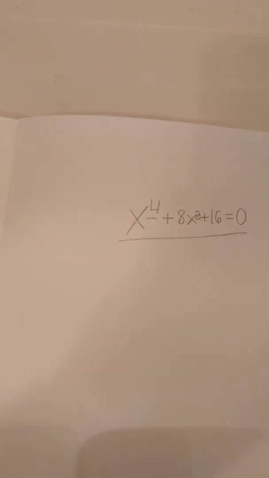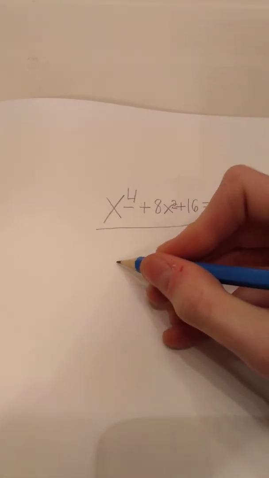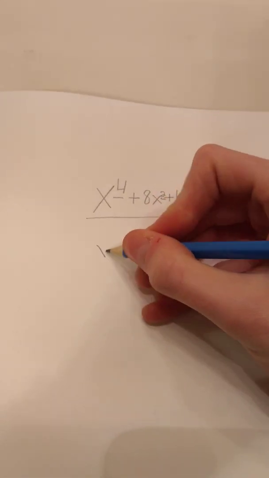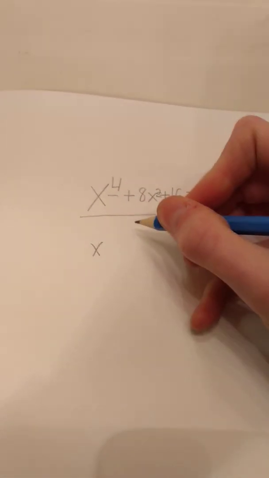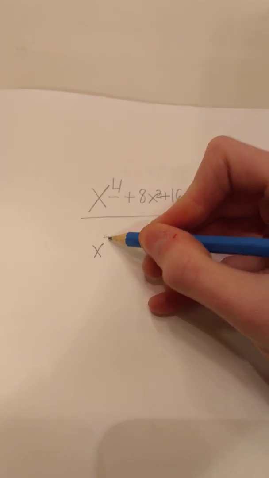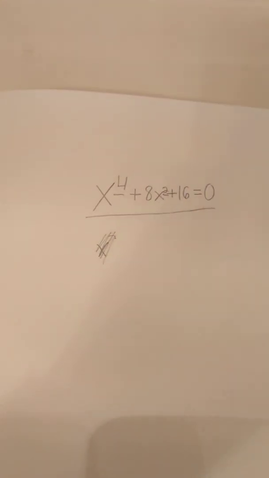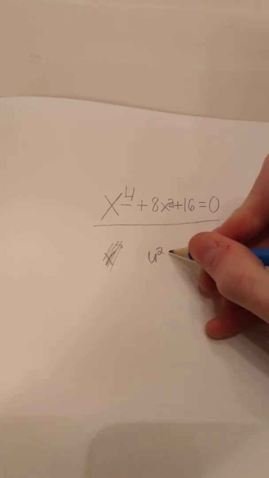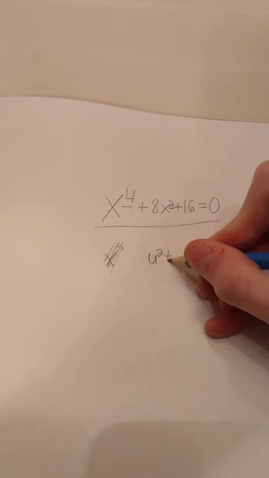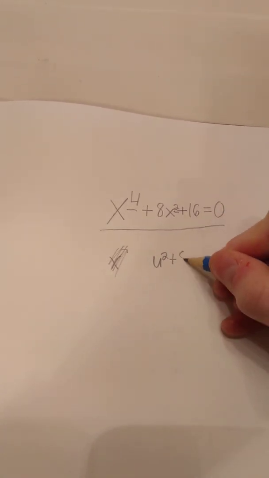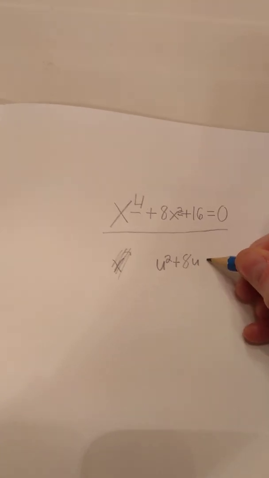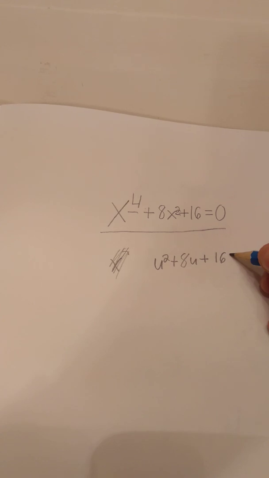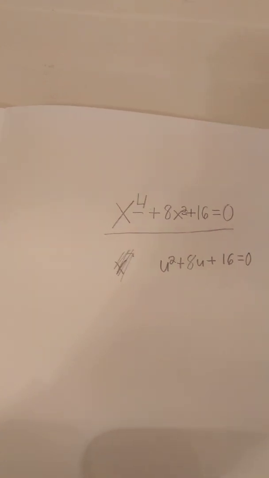This allows us to change the original problem that was far too large into, oh, I'm sorry, I'm just going back to x again. So it's actually u squared plus 8u plus 16, and this is all equal to 0 like the last one.